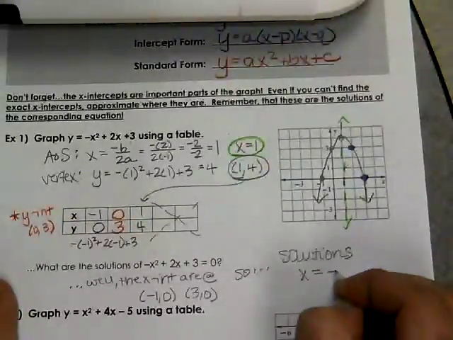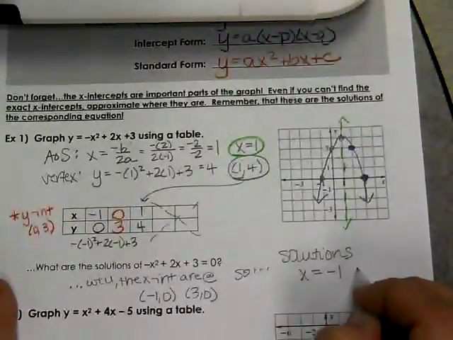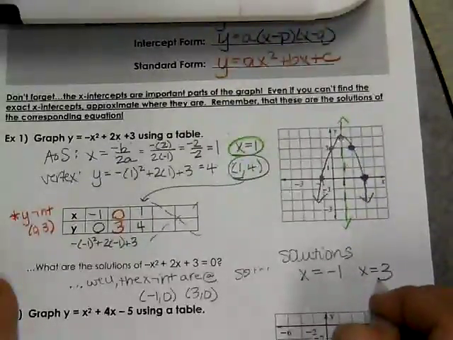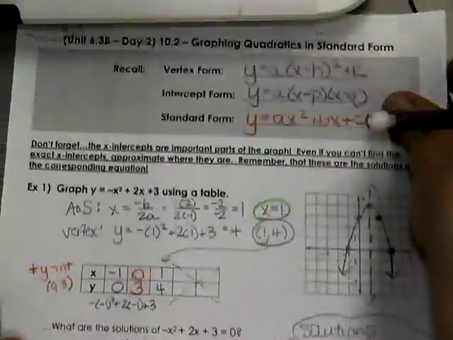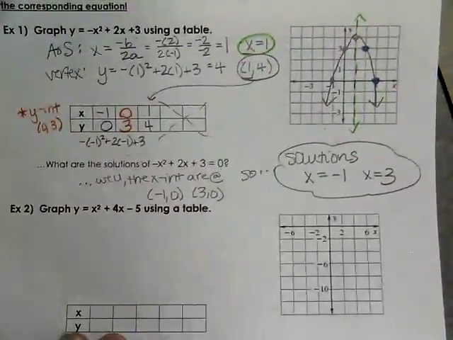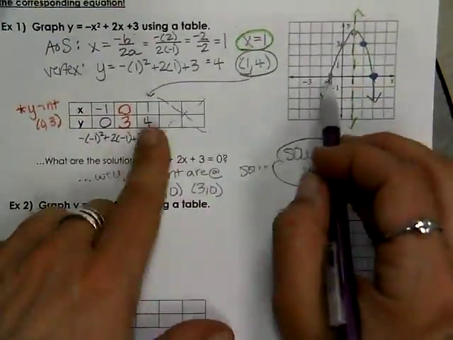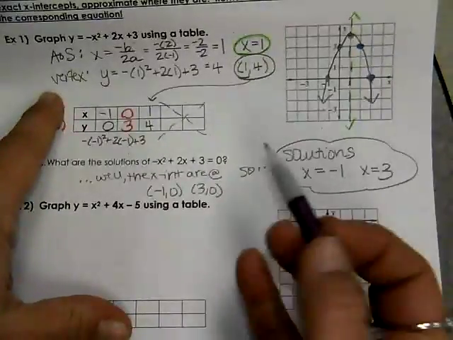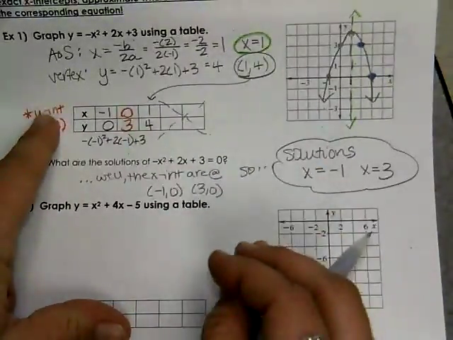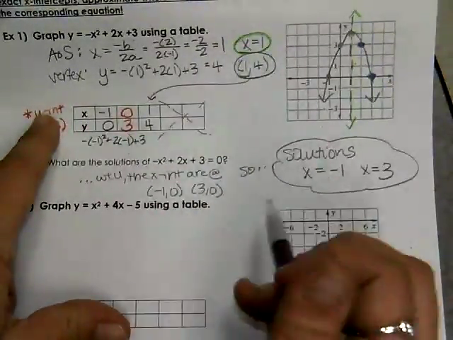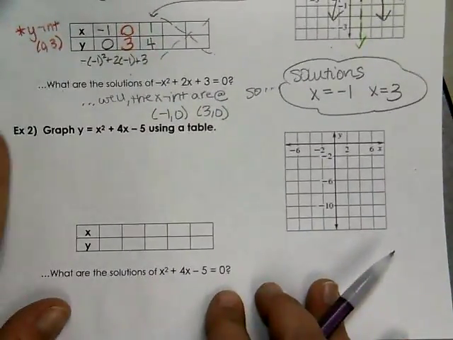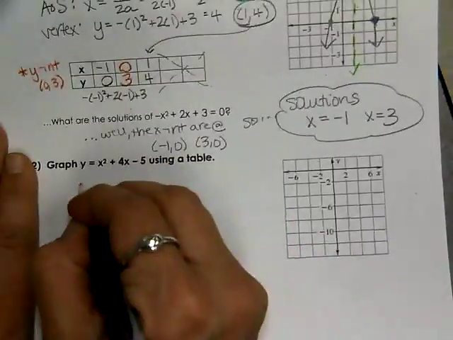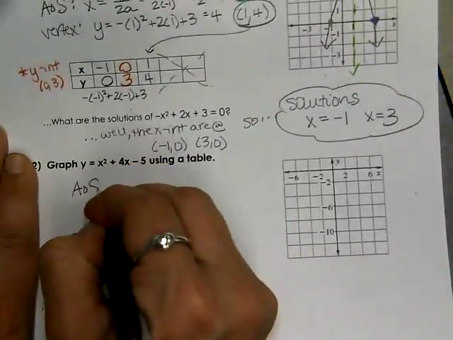The solutions when y is 0 are x equals -1, x equals 3. And that's really the only new part of what we're doing. We're going to look to see where the graph crosses the x-axis. Those x-intercepts are the corresponding solutions to the equation. Okay? Let's do the same thing in example 2. All right? So we'll find our axis of symmetry.